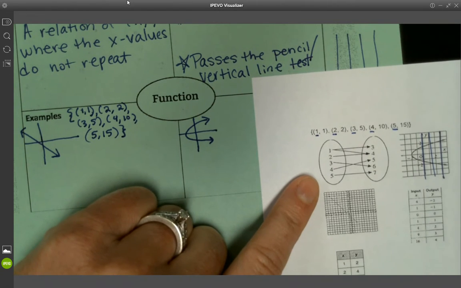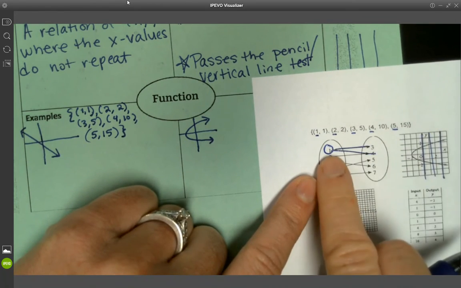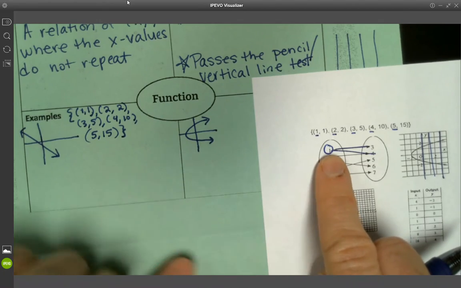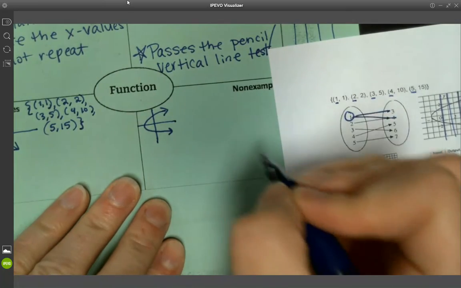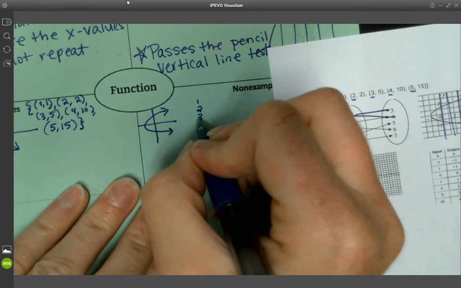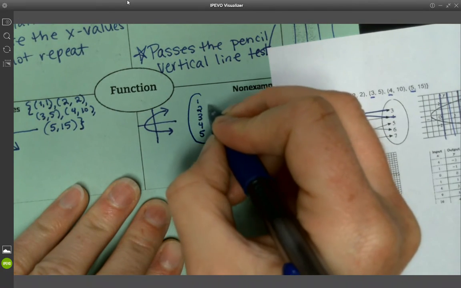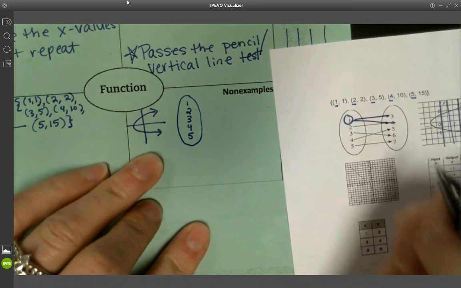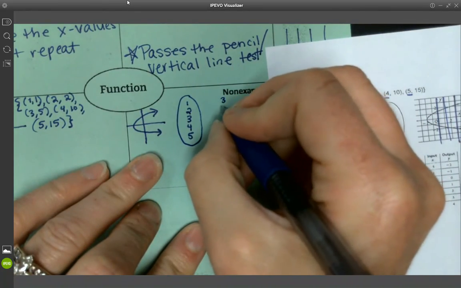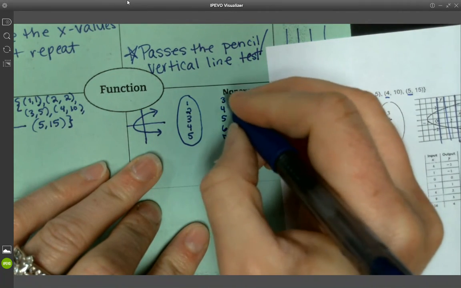All right, so now y'all can tell me, does it repeat? Yes. Where? The 1. Right. We have 2 arrows coming off of 1. So this is a non-example. Can't go 2 places at once.